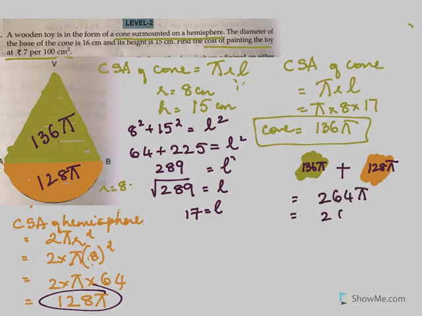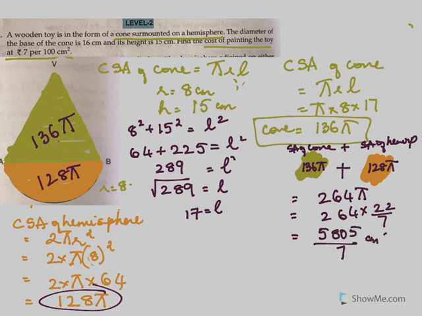And now I'm going to put the value of pi, 22 by 7. Remember, this is the surface area of cone plus surface area of hemisphere. This works out to 5808 over 7 centimeter square. This is the total area.